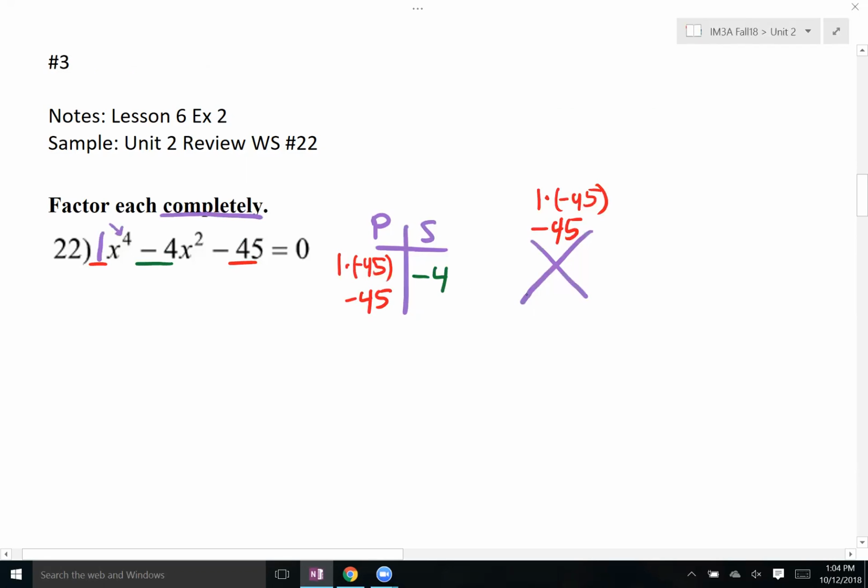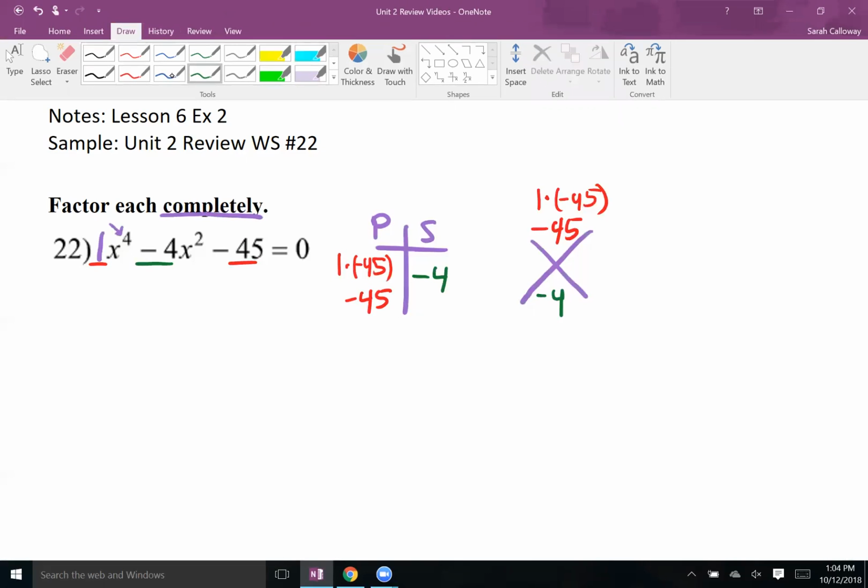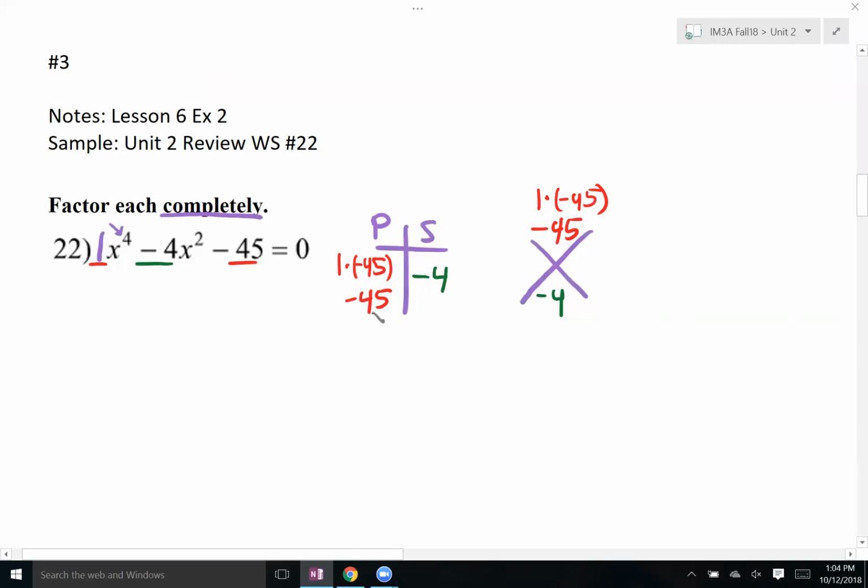Remember, strategy-wise, we should be going through all of the numbers in our list. So 1 and 45. In order for my answer to be negative, the bigger number would need to be negative, so that's going to be negative 44.